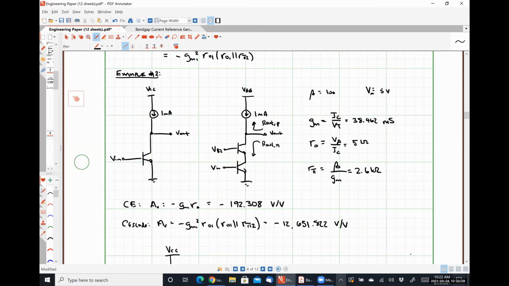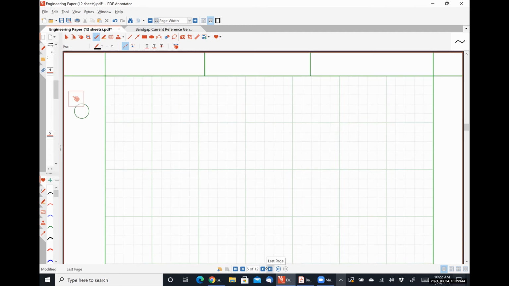So let's talk now about the MOSFET cascode amplifier. And this is going to be real short.